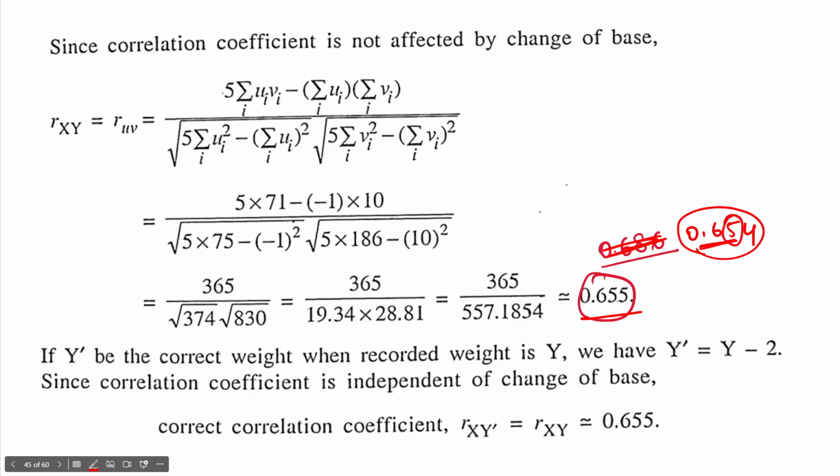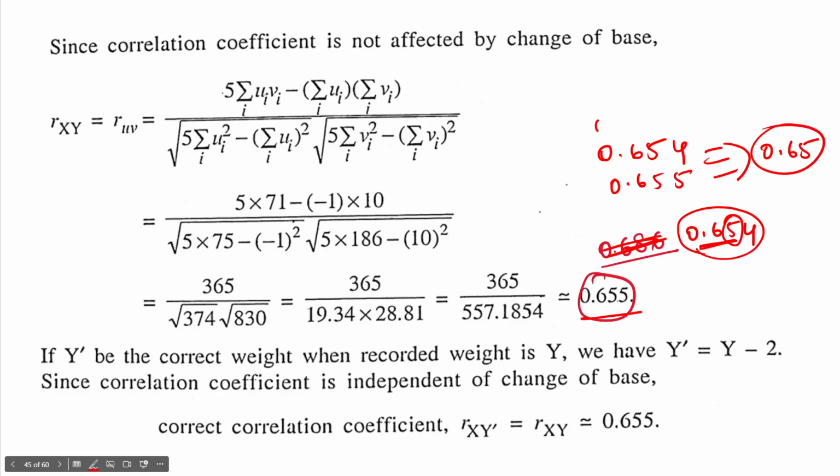So 5 is the number that decides whether there will be rounding off or not. Say 0.654 and 0.655. For both cases it is 0.65.